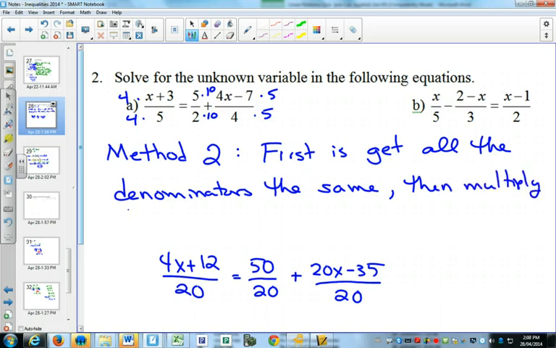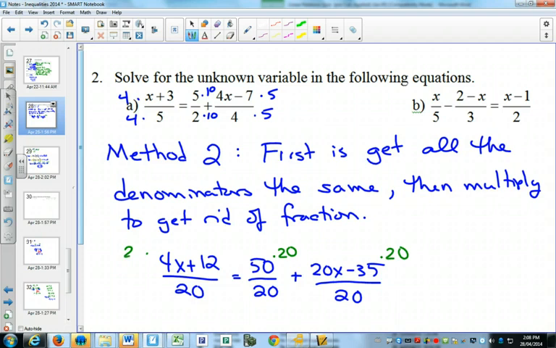Then you multiply to get rid of the fraction. What would I multiply to get rid of all those fractions? 20. So I multiply this by 20, this by 20, and this by 20. And all the 20s go away.